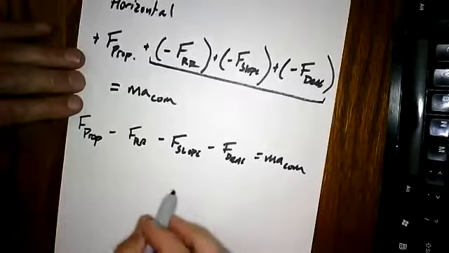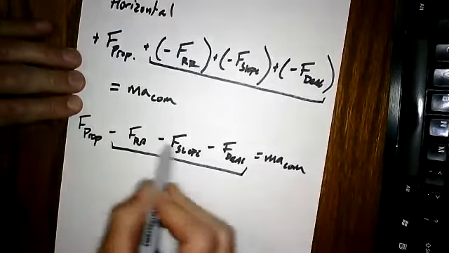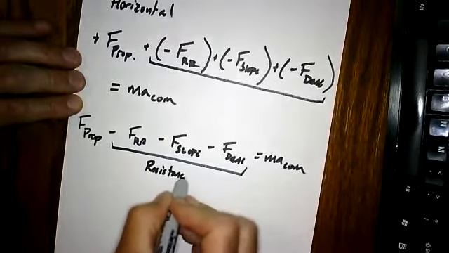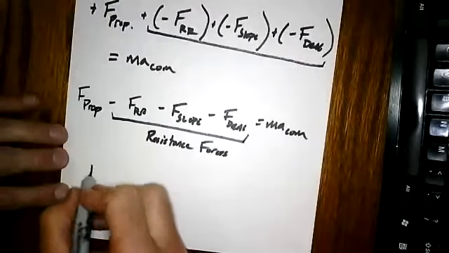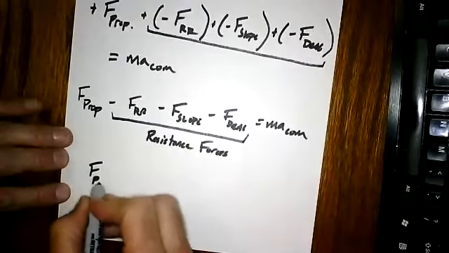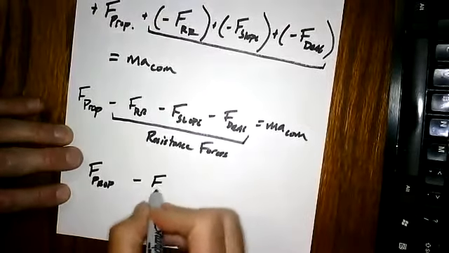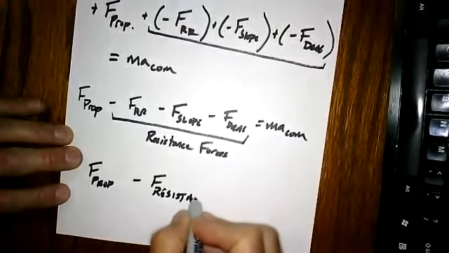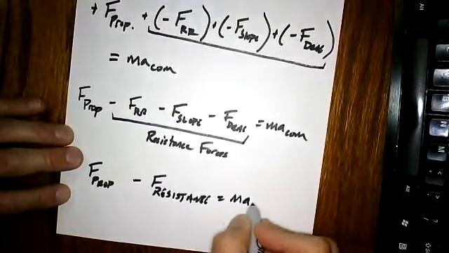I'm going to simplify this even more, and I'm going to look at all these, and they're all negative, and these are all resistance forces. So I'm going to write this out one more time, just so it's easier to talk about this in general. Propulsion minus resistance equals m a COM.